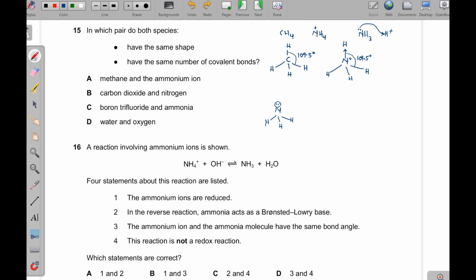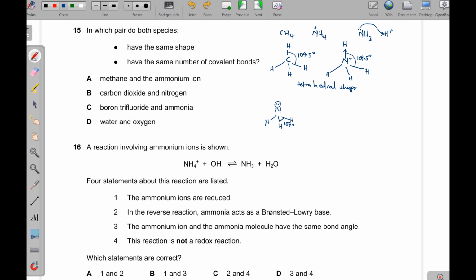That means the angle between them is going to be less than 109.5. That's why it is going to be about 107 degrees. Then these ones, both of them, have a tetrahedral shape.